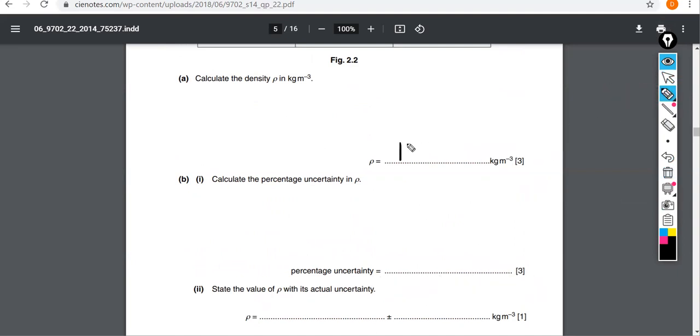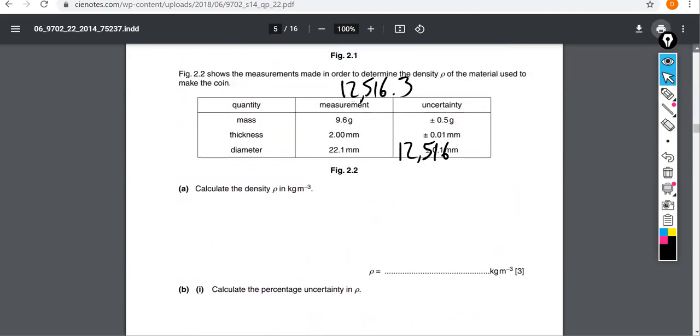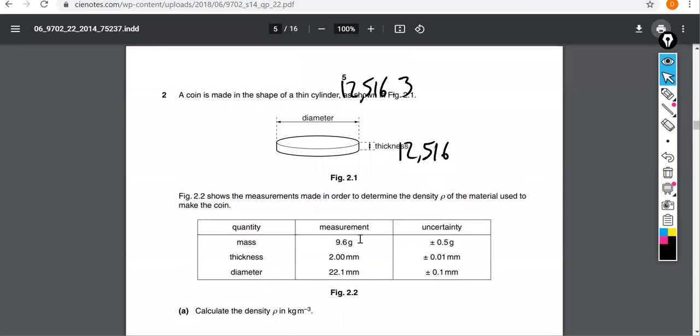Here we just get a value that's like 12,516.3. And maybe you think to yourself, this isn't quite right. I shouldn't report it all the way out here. I'm going to round this. Let's just use an old rule of thumb. It looks like there are only 2 significant digits in this mass, and this might be 3 and this might be 3, so 2 significant digits is all we should report our answer to.